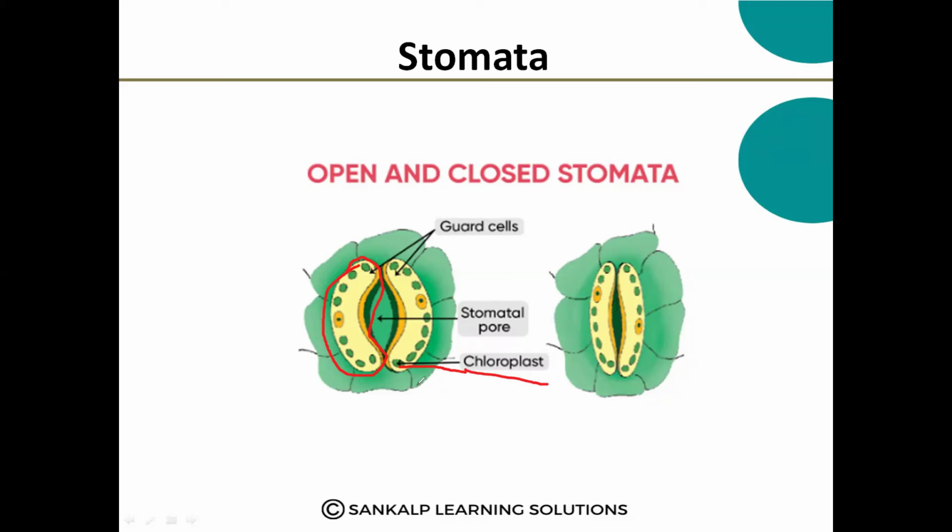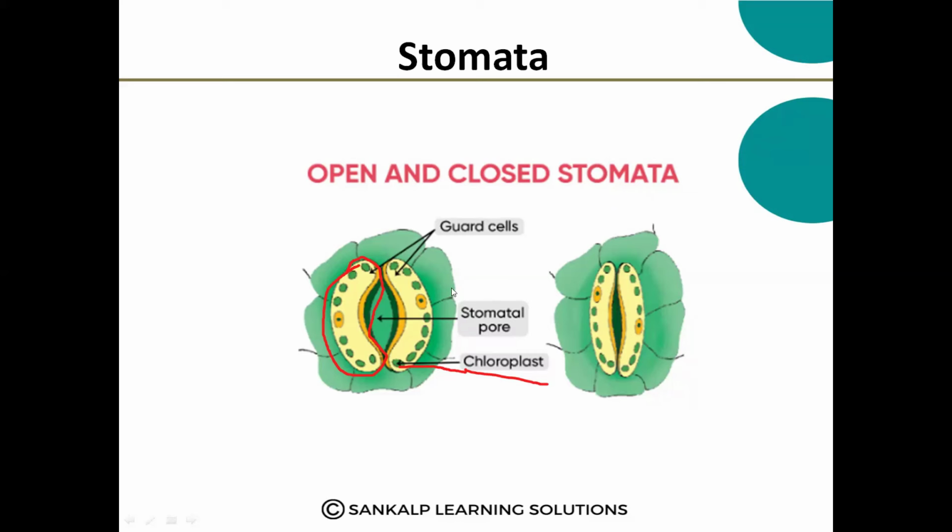Many times they ask a question like this: draw the diagram of the open and closed stomata. So this is the closed stomata. When the photosynthesis process is not taking place in the plant's body, the stomata is closed, the guard cells are closed like this.